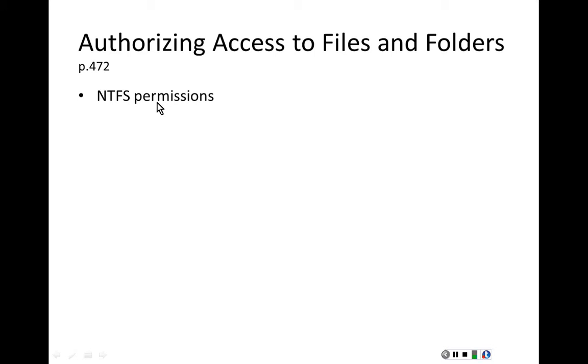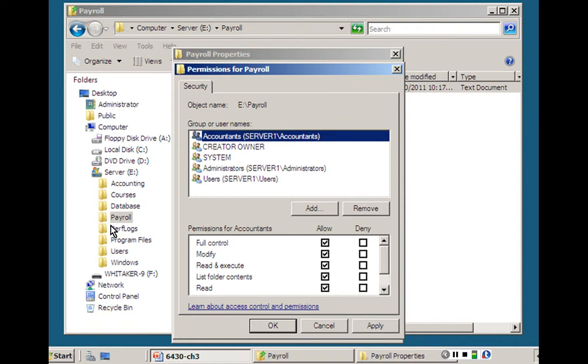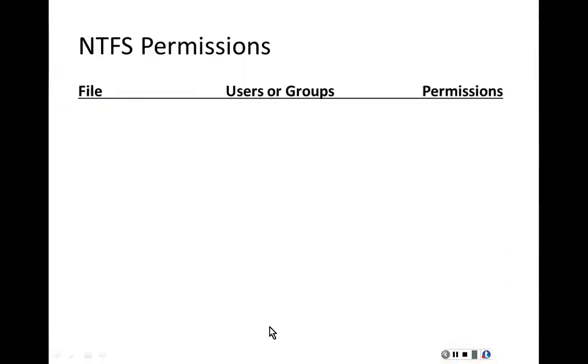Here's an example of NTFS permissions. We can see, here's the payroll folder, and that the accountants group has full control over the payroll folder. So NTFS permissions controls who gets to which files.